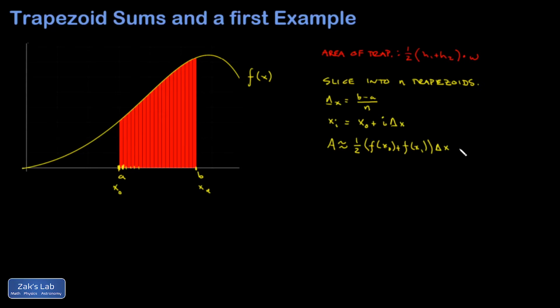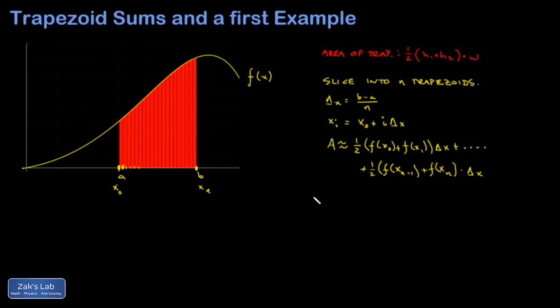I do this all the way along my trapezoid approximation until I get to the last trapezoid. And the right-hand side of that is xn, so the height of the right-hand side is f of xn, and the left-hand side would be xn minus 1. So I have the average of the height at the left side plus height at the right side times the width.